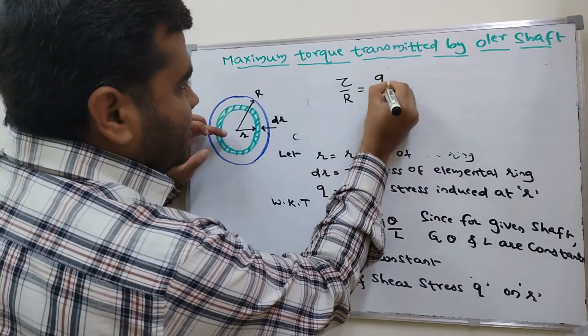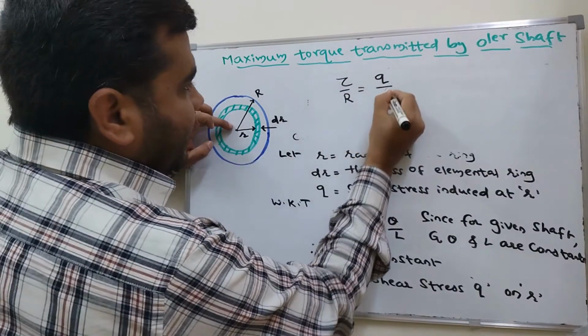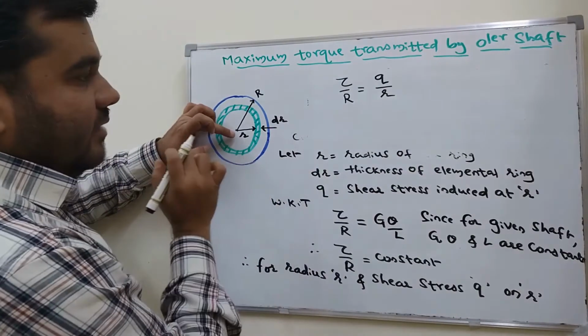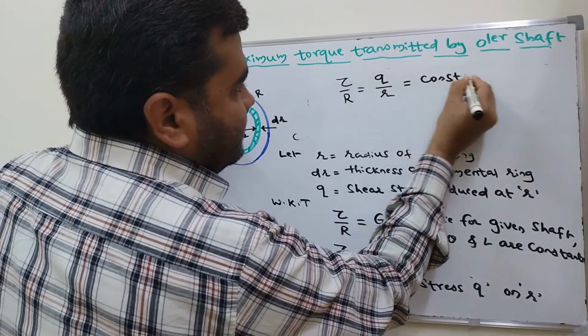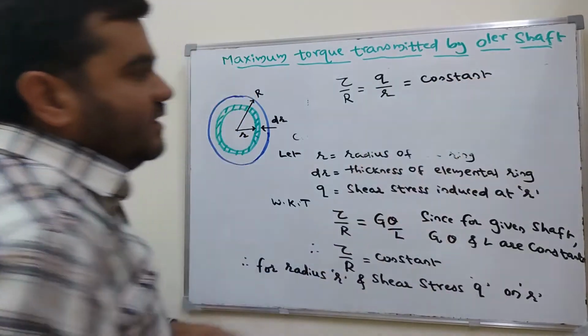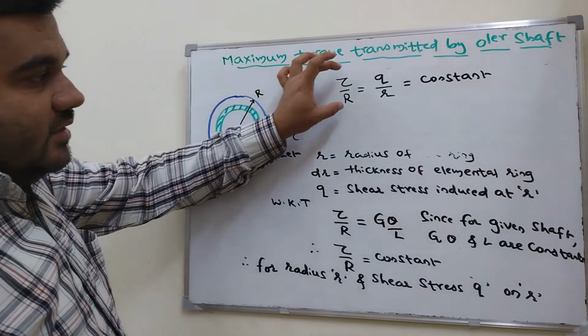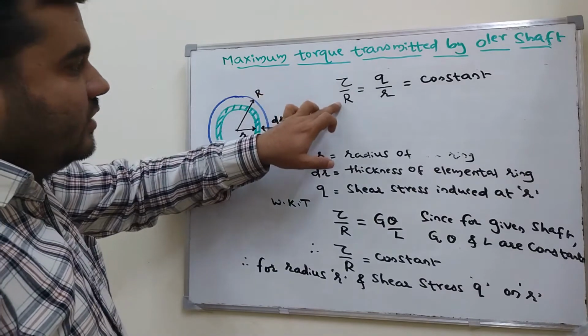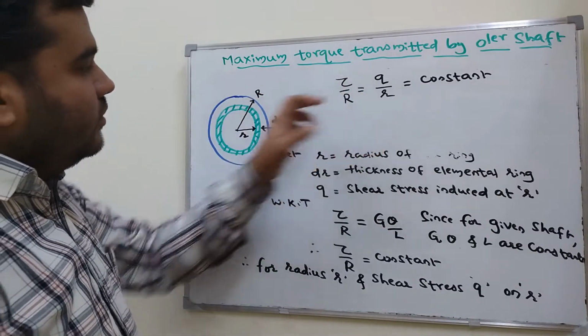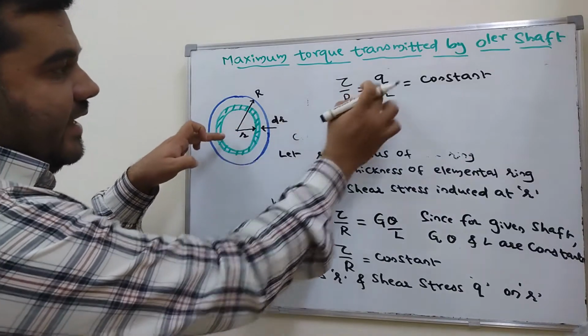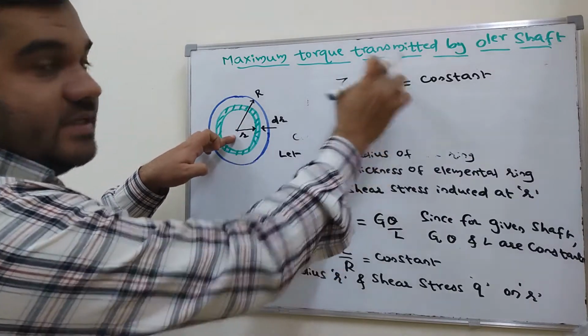What is q? It is the shear stress at the elemental ring, divided by r, the radius of the elemental ring, equal to a constant. This is one of the relations: the ratio of maximum shear stress to the outermost radius is always equal to the ratio for any given radius and its shear stress.